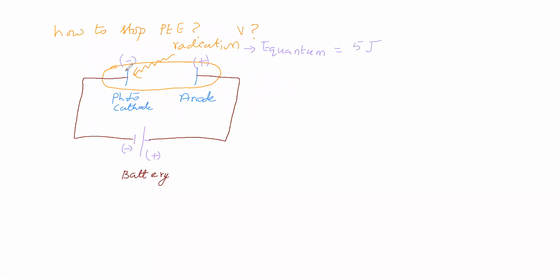And for this photocathode, there will be a work function. What does work function mean? The minimum energy required to eject the photoelectron. Suppose the work function energy we take as 3 joule.